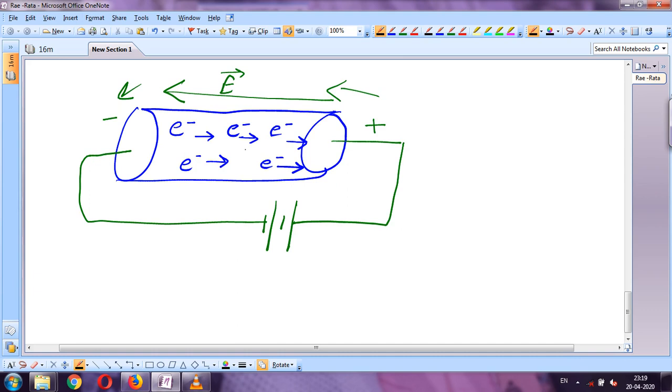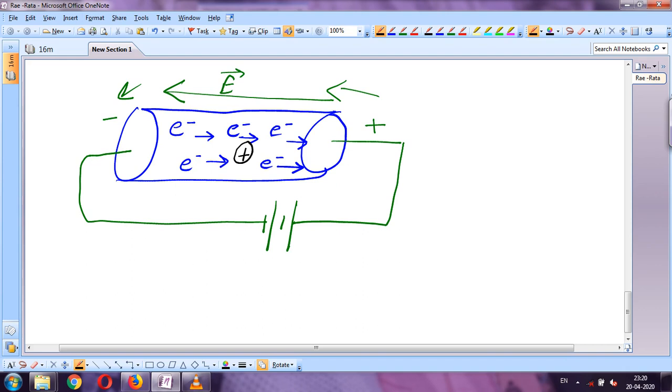Now as I said, along with these electrons there will be positively charged ions with which these electrons will collide. Now what happens when all these electrons are moving in a particular direction? They will be gaining velocity. That means they will be accelerated towards the positive terminal.